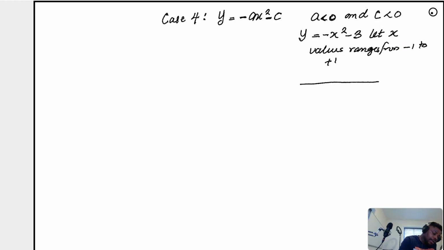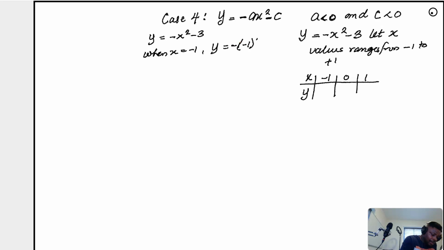So in that case, I will have something like this: x, y, -1, 0, 1. So y is equal to minus x squared minus 3. So when x is -1, that is -1 squared minus 3. So this is -1 minus 3, that is -4.